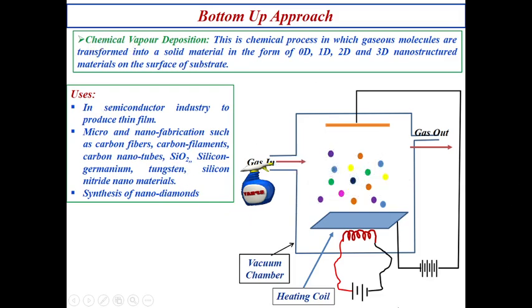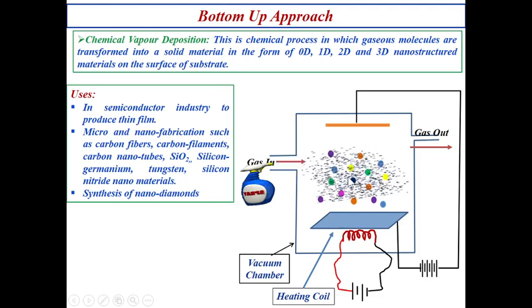So this is the block diagram of the CVD. This is the vacuum chamber in which we give the gas flux with a particular proportion of raw materials, and that gas flux settles on the surface of the substrate.